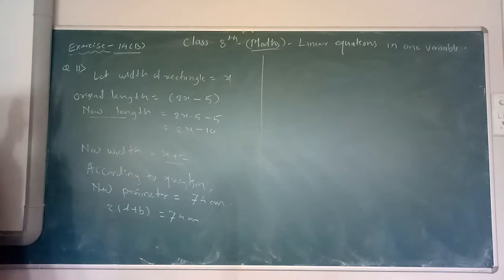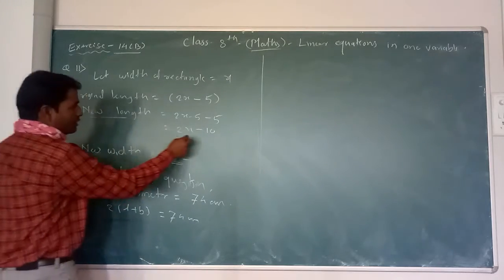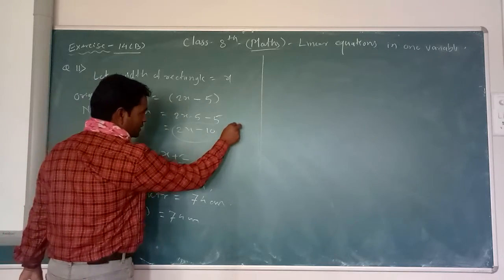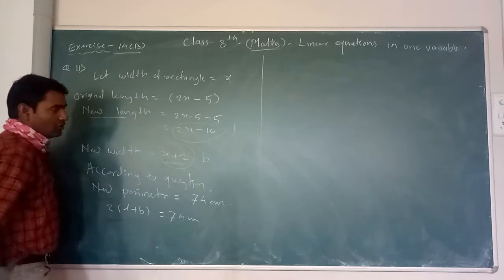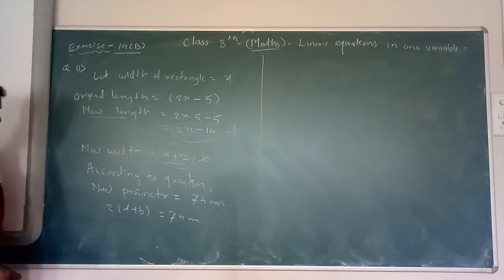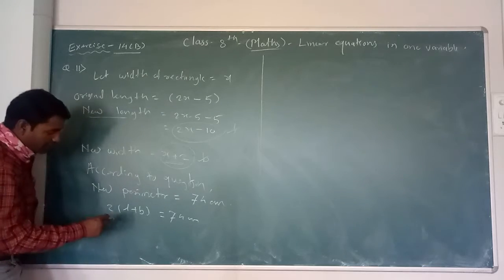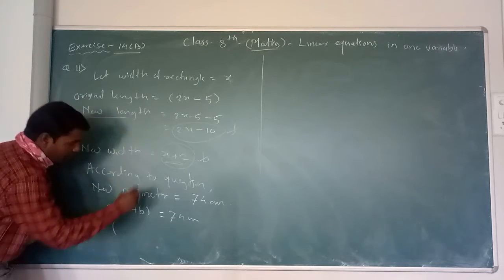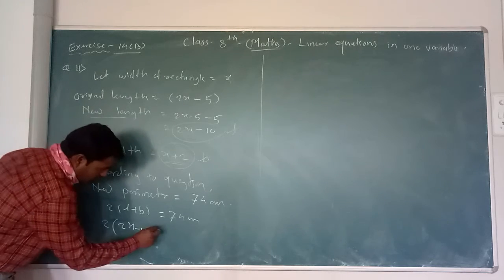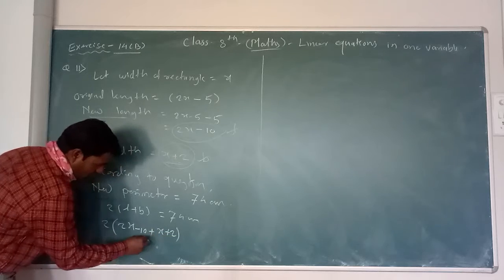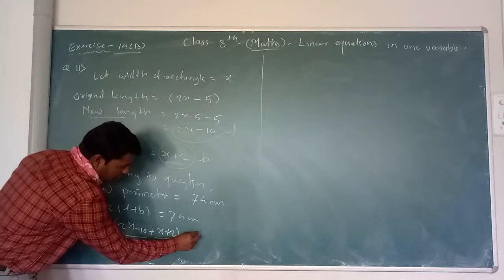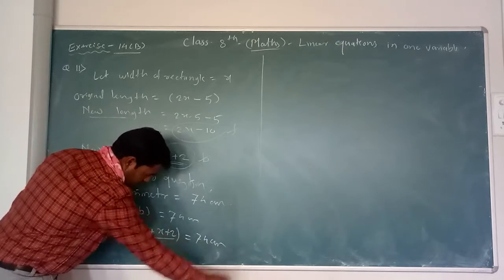Now we can put here the new L and the new B. For your understanding I have written L and B here, this is not a part of the question. Now I am putting the values: 2 into bracket, L will be 2x minus 10 plus B will be x plus 2, is equal to 74 centimeters.